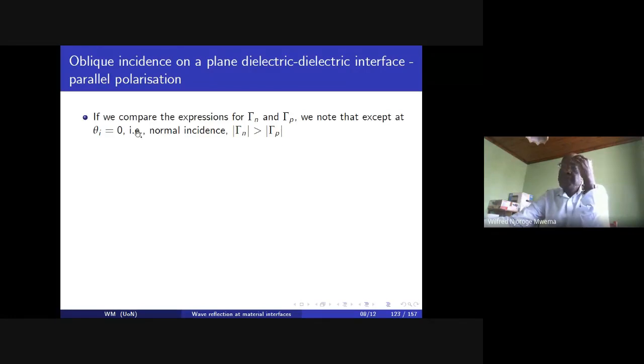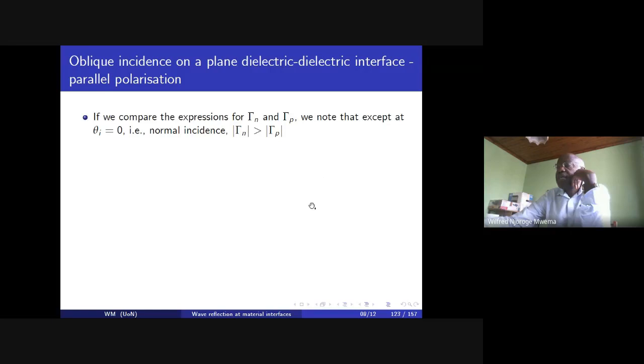Now, if we were to compare the reflection coefficients for normal and parallel polarized waves, we'll see that the two of them will be different, except for when the angle of incidence is equal to 0, that is normal incidence. And we'll see that the reflection coefficient for the normally polarized wave will always be larger than that one for the parallel polarization.